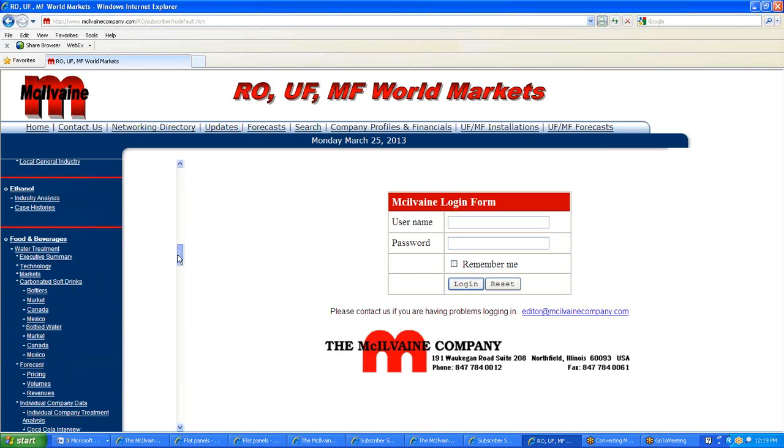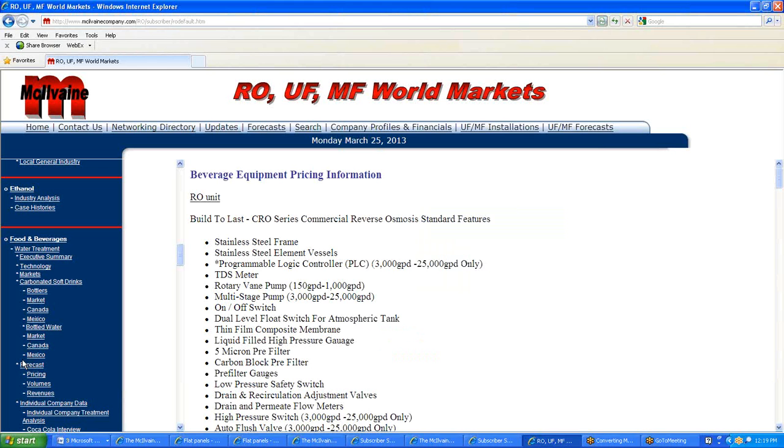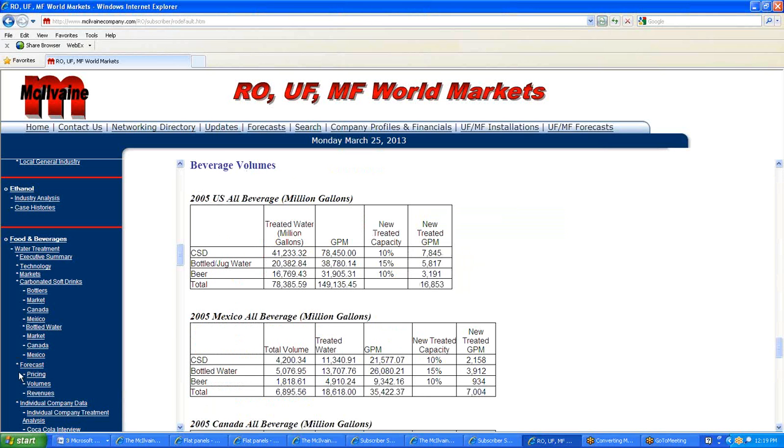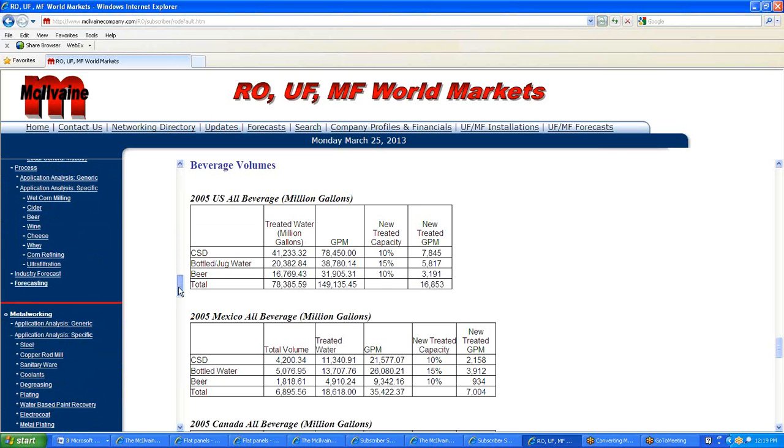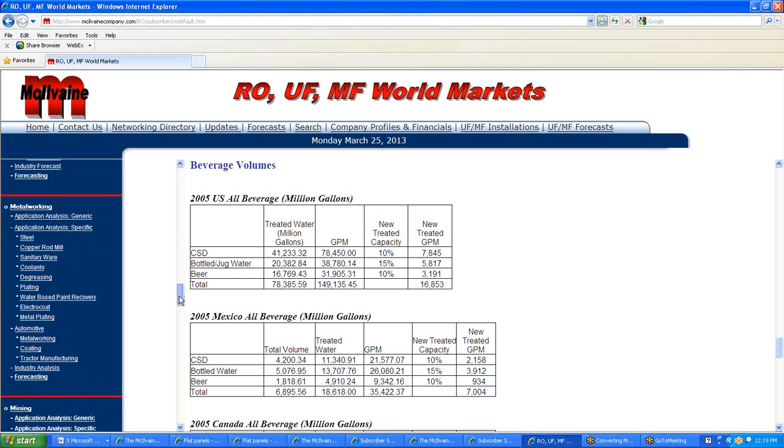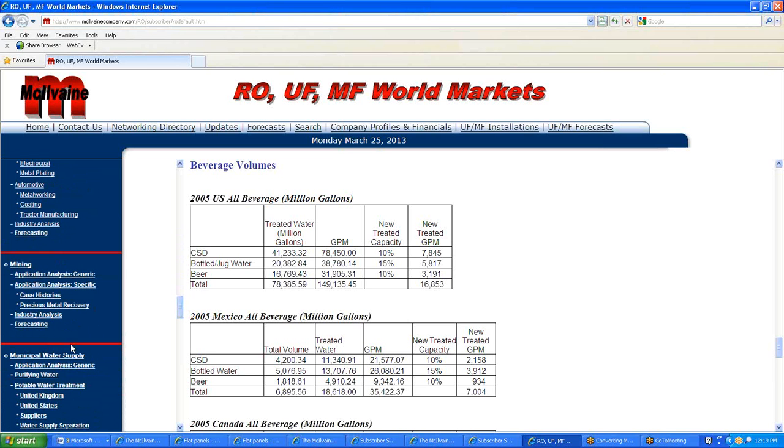There are executive summaries of food and categories of drinks and bottlers, forecast, pricing forecast, for instance, there, volumes, how much GPM is going to be treated with RO versus other types of things, and we then get into industry forecasts as well.